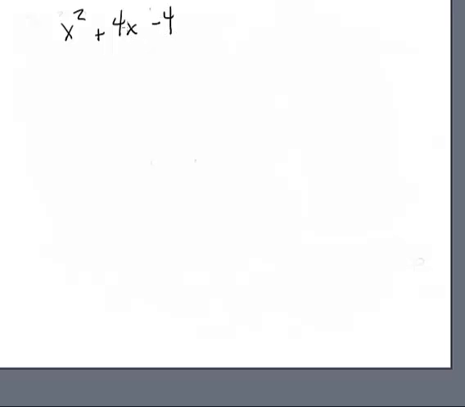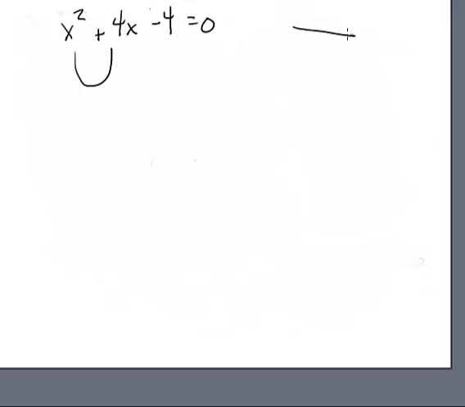Okay, so we don't have it in that form of parentheses x minus h parentheses squared plus k. So we only have this form. So once we have this form, all we can tell is the number in front of the x squared, which is a 1, it's positive, so we know it's going to be a graph looking like that.